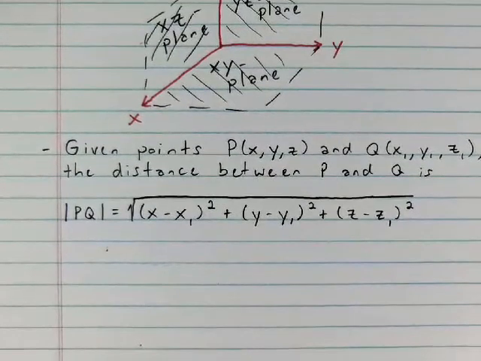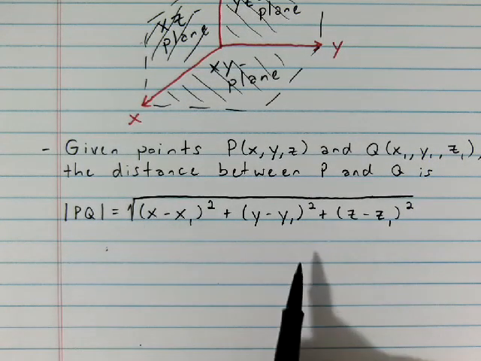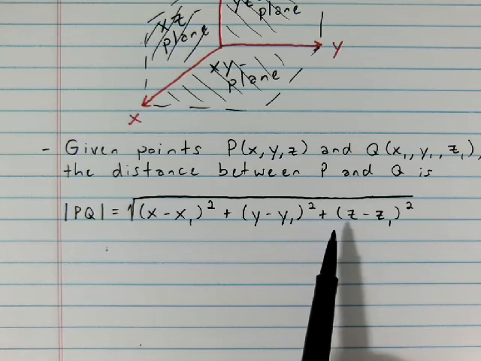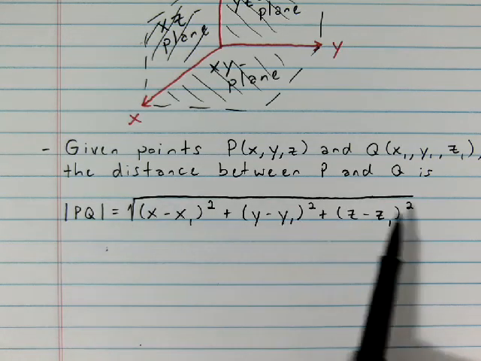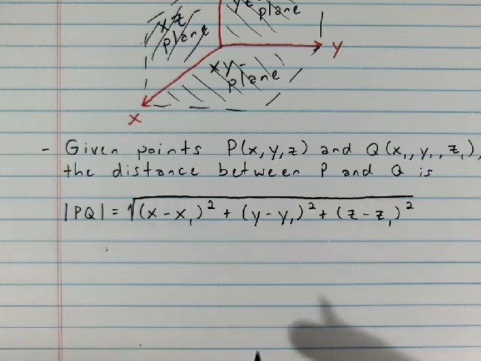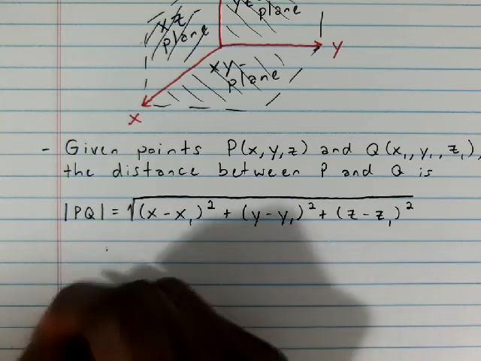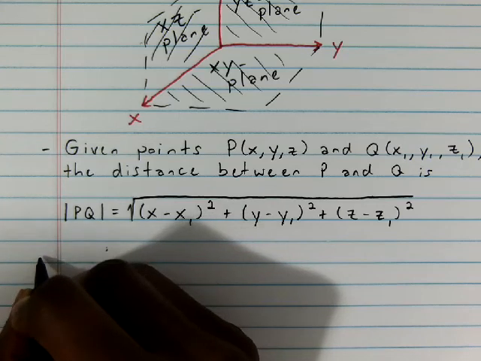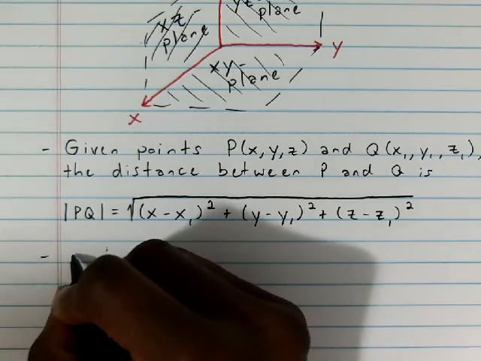And the next important thing that I'm going to introduce, we'll use throughout the semester. Actually, not throughout the semester. The first couple of chapters, this will kind of fade after a while. But this next equation is going to be important to us throughout the semester. And you all have seen an analog of this in 2 dimensions.